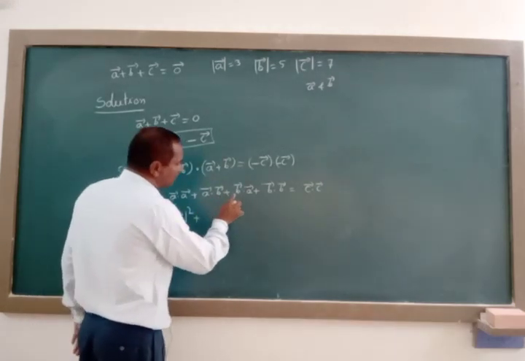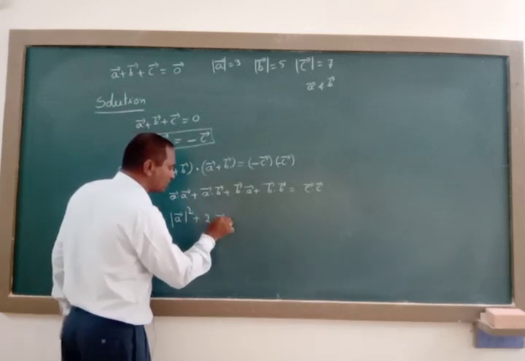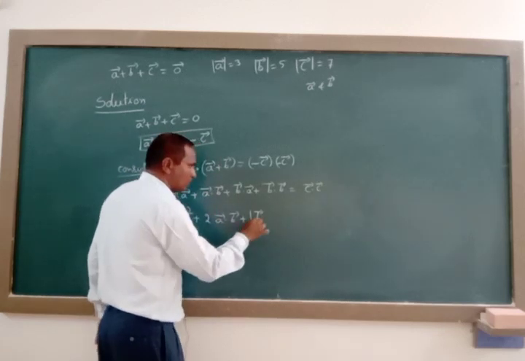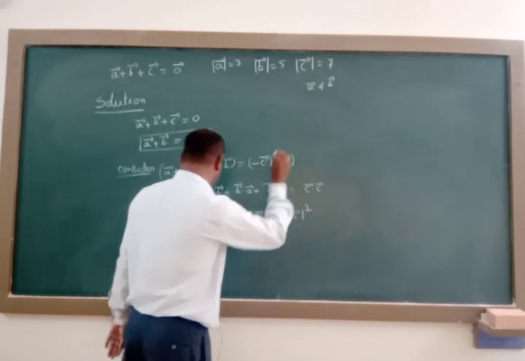A bar dot b bar and b bar dot a bar both give the same value, that is 2 a bar dot b bar, plus magnitude of b bar whole square is equal to magnitude of c bar whole square.